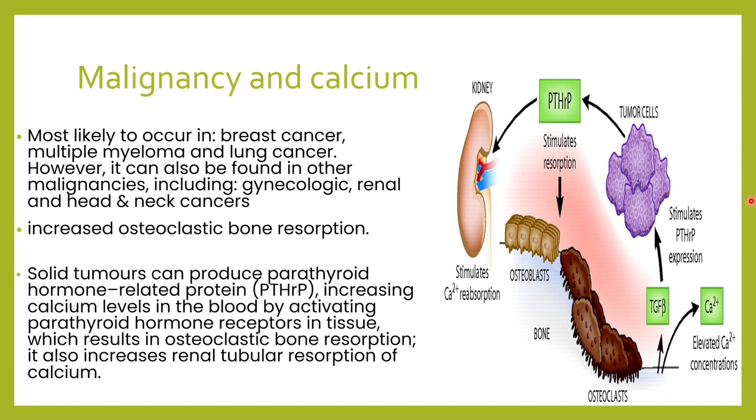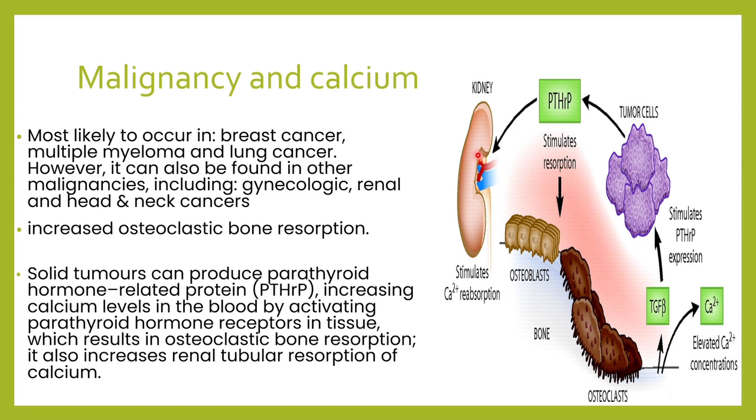These tumor cells produce something similar to parathormone, called parathormone related protein. They have similar functions as the parathormone. So because there is increased secretion of this parathormone related protein, it will behave like a parathormone.